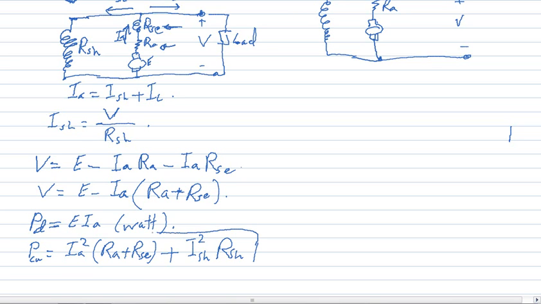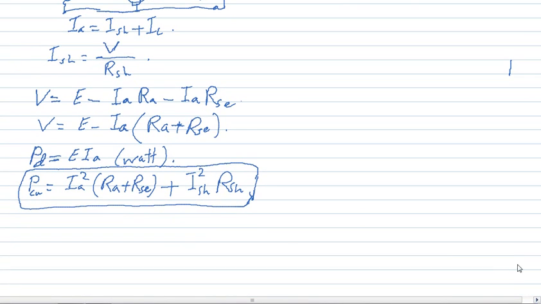This is the total copper loss in this machine. The output power, or P load, will be the voltage across the load multiplied by the current that is flowing through the load.